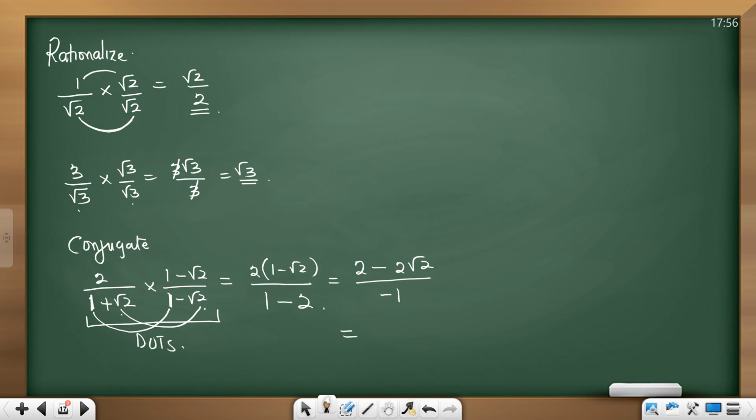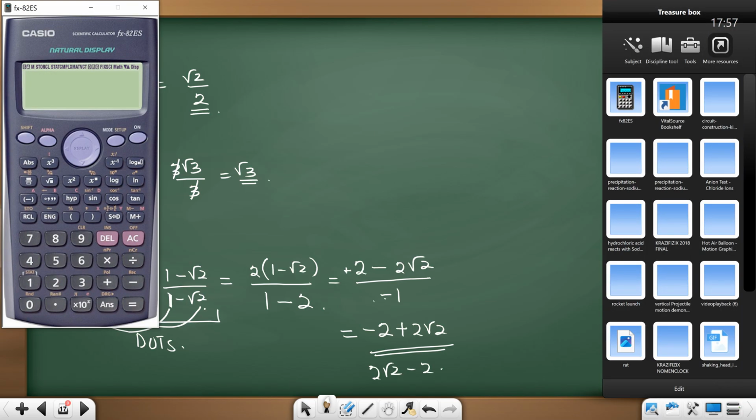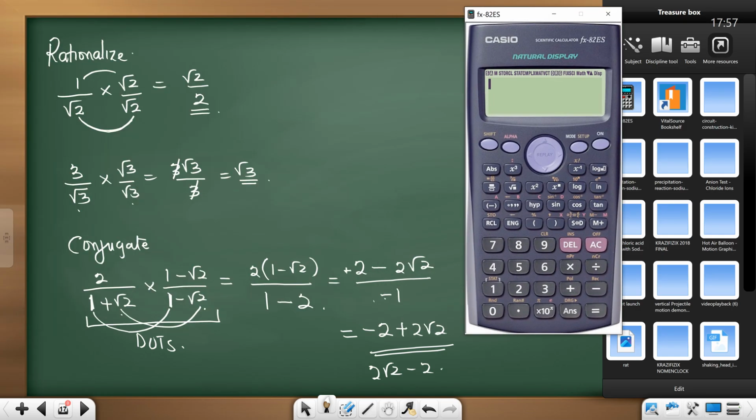Oh, beautiful. My calculator will change the signs on top and divide by 1. So my answer will be negative 2 plus 2 root 2. Remember, positive divided by negative, and then negative divided by negative. So your calculator may give you 2 root 2 minus 2. Let's check quickly.